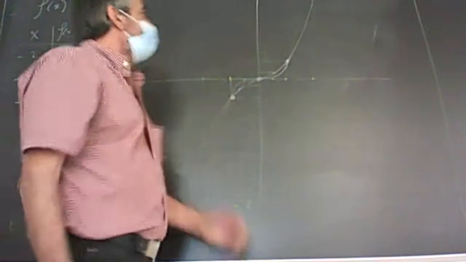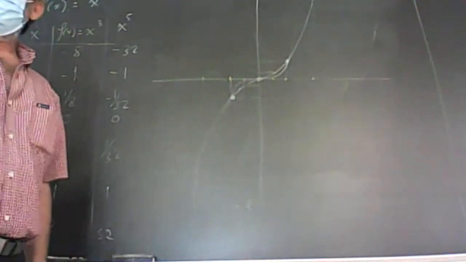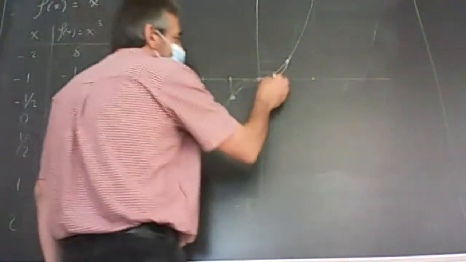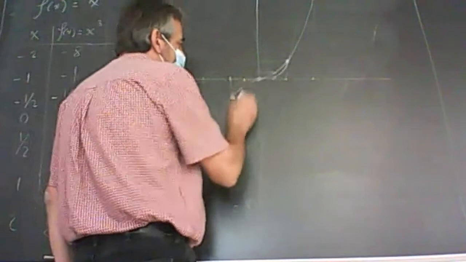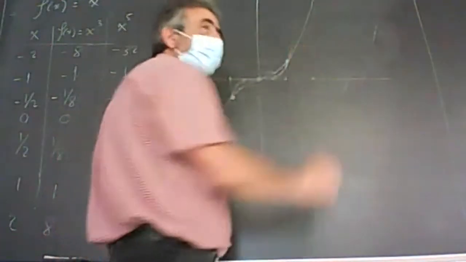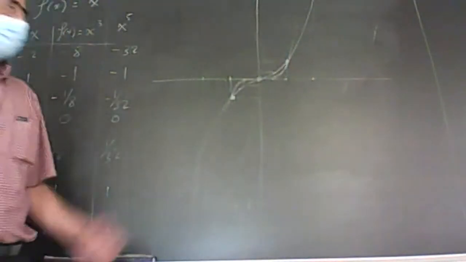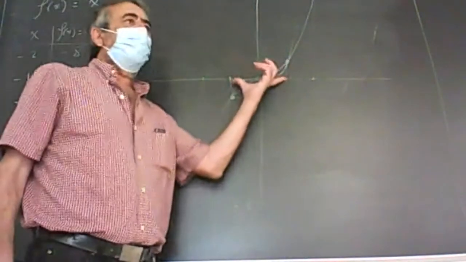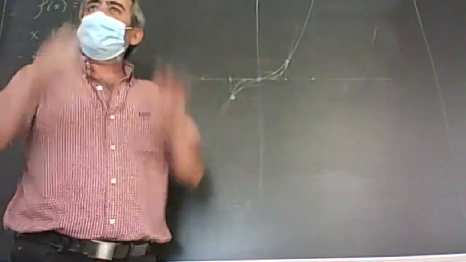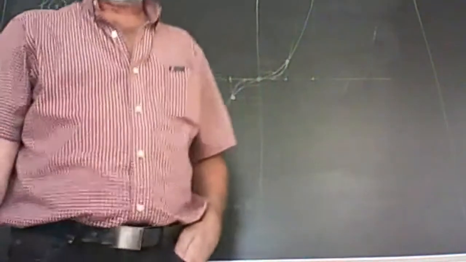What would happen if this was x to the power, say, 7? It will get even more flat, because this point is going to be down here, this point is going to be there, and I'm going to get it closer to 0. So between 1 and negative 1, the graph is settling down close to 0 all the way. But they all look the same.